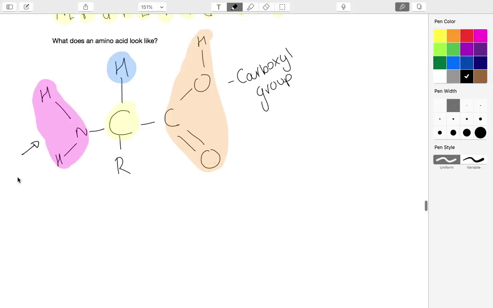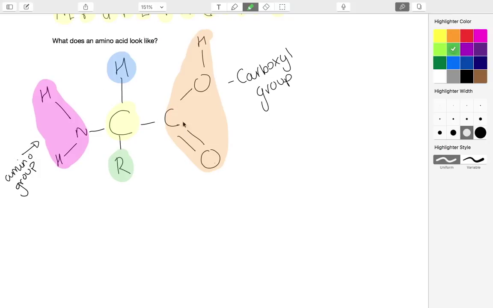This is your amino group. And this is your R group down here. So this is essentially your very basic amino acid.